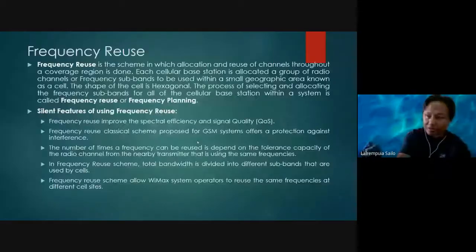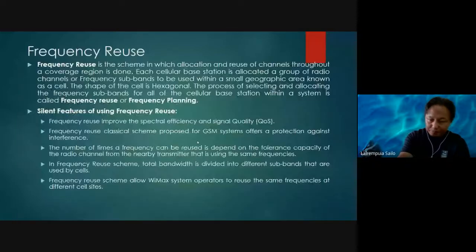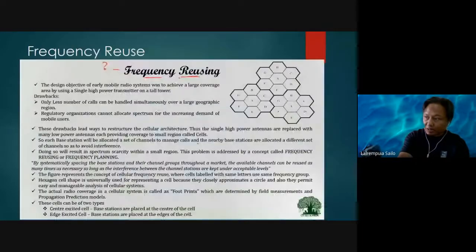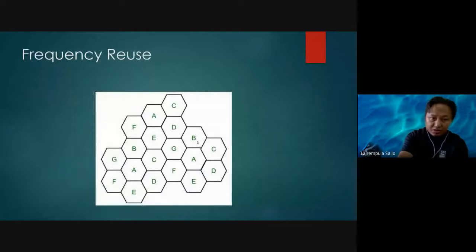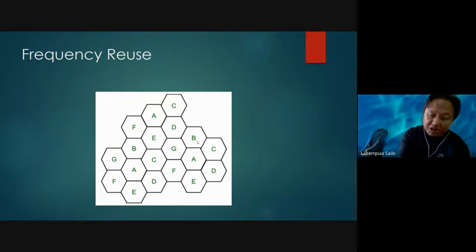Frequency reuse in cellular technology. Can you see this frequency reuse cell diagram? Can you see my presentation? Yes, sir. This is the example of the cell.